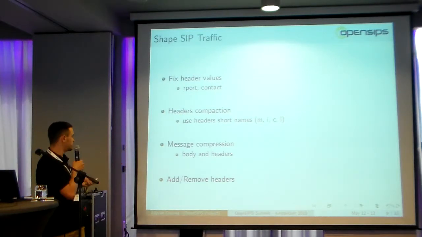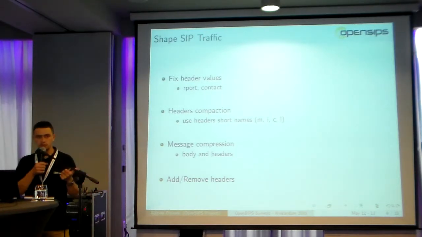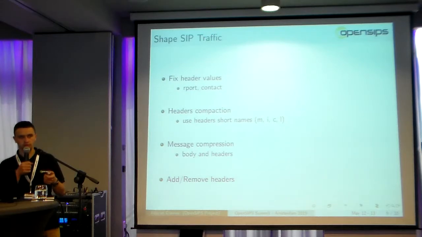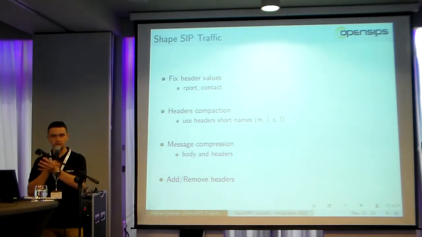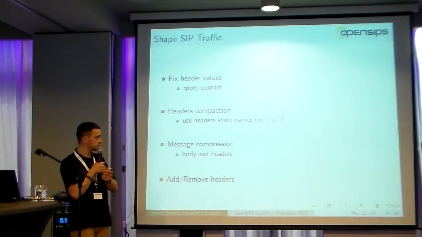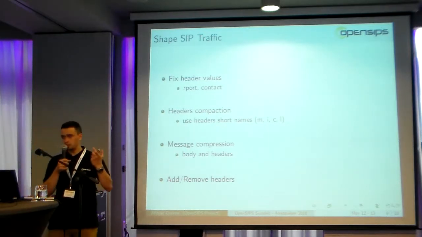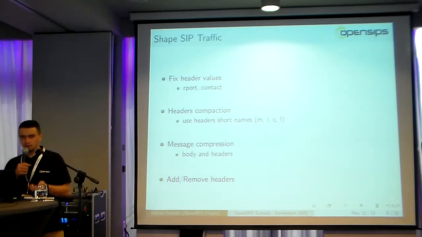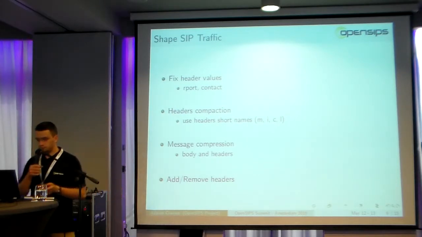For example, use the M, I, C, L instead of Call-ID, Content-Length, Contact header. So instead of having 5-6 letter headers, we only use one letter. This means that our SIP packets get smaller by 10 or 20 or 30 characters.